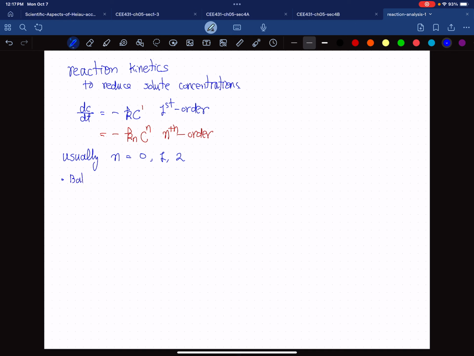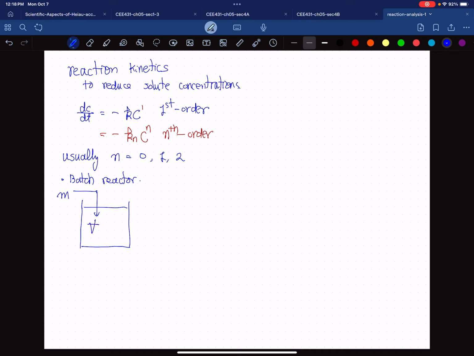So we are actually considering the batch reactor. Batch reactor means you have a reactor which is somehow closed, and this one has zero concentration, so you put a certain amount of mass m of solutes, and then the reactor contains V of water.